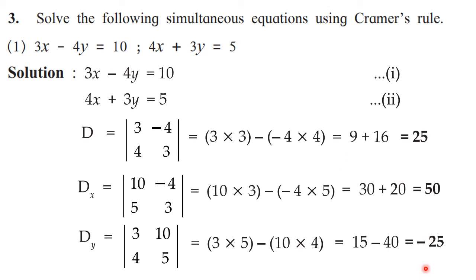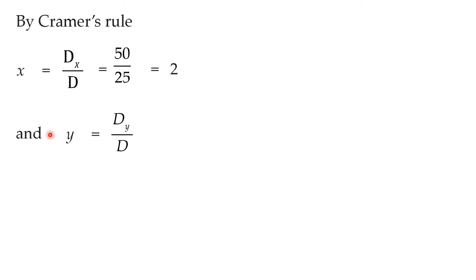Now it is time to use Cramer's rule. Don't write down the statement Cramer's rule here. We are not using it here, we are using it afterwards. So by Cramer's rule, x is equal to dx by D, that is 50 upon 25, which is equal to 2, and y is equal to dy by D, that is minus 25 upon 25, that is equal to minus 1.